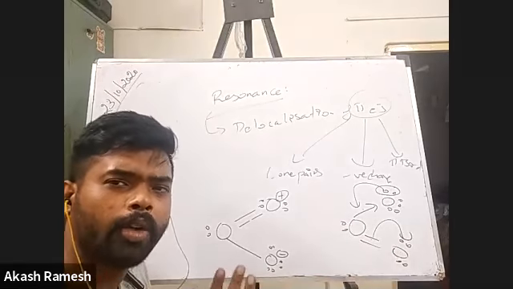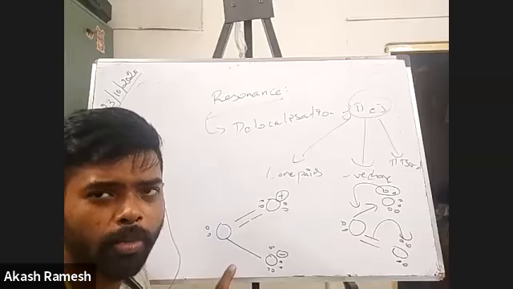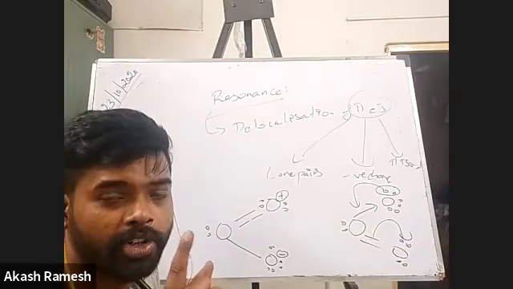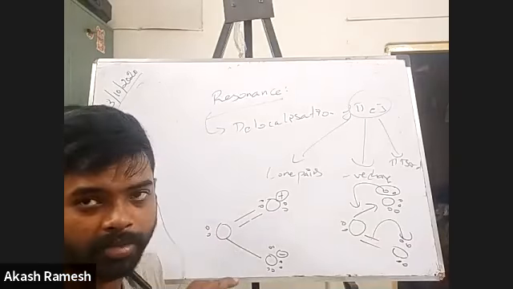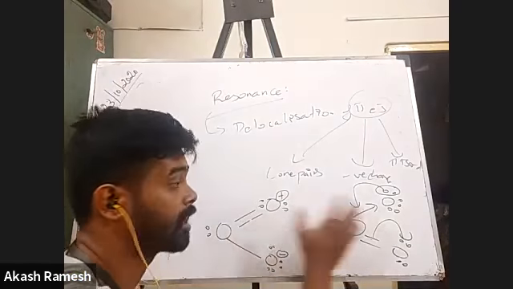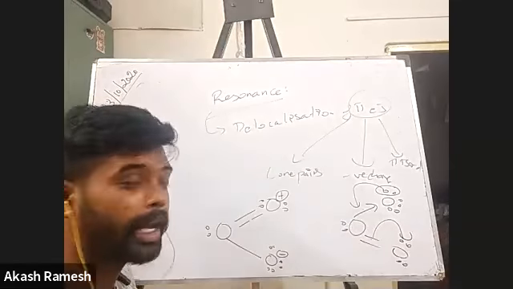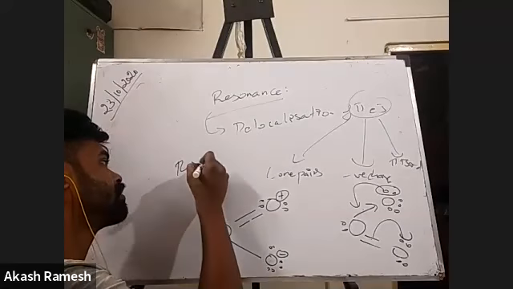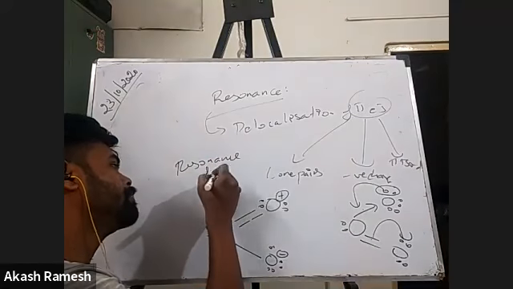Now if I want to represent the ozone molecule's structure in only one structure, including all the resonance structures put together, these are what are called resonance structures, and I'm going to have something called a resonance hybrid.